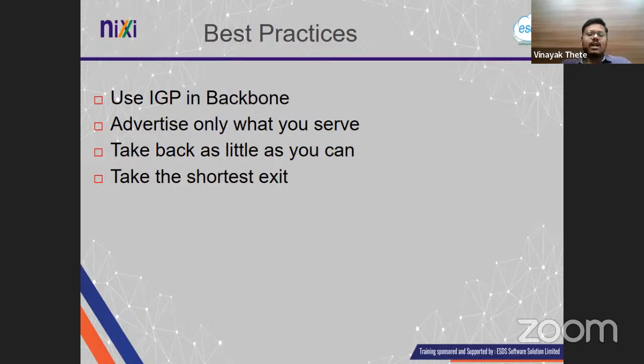So this is the use of the dampening feature in BGP, so that the updates for multiple routes can be avoided. These are the best practices which can be followed for implementing BGP in an environment.